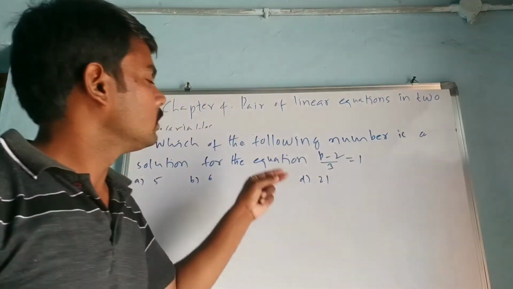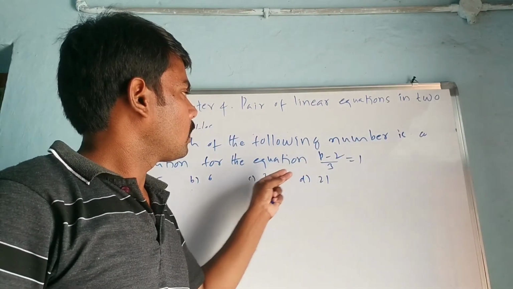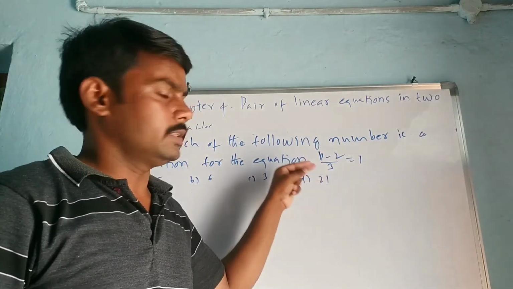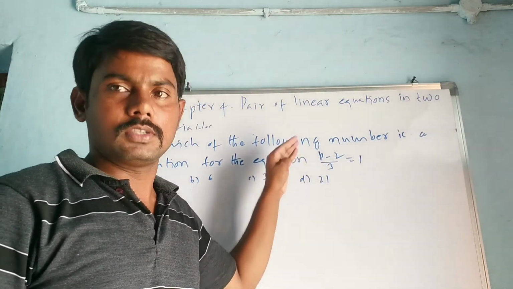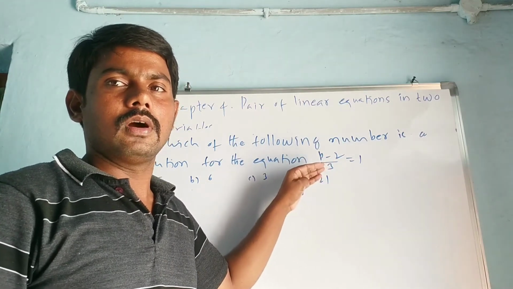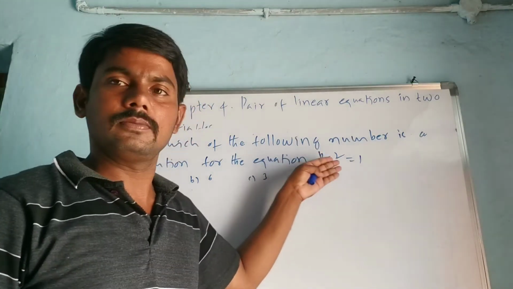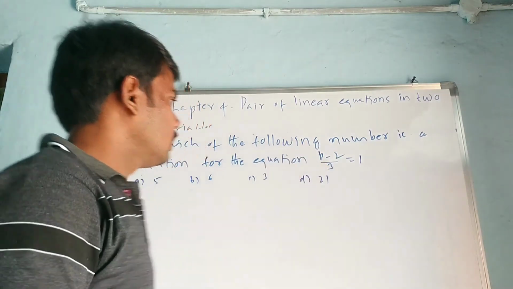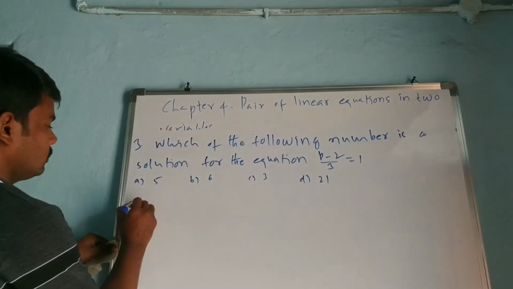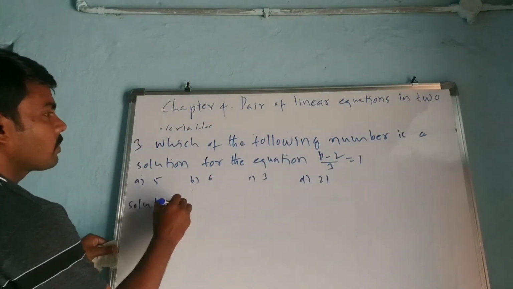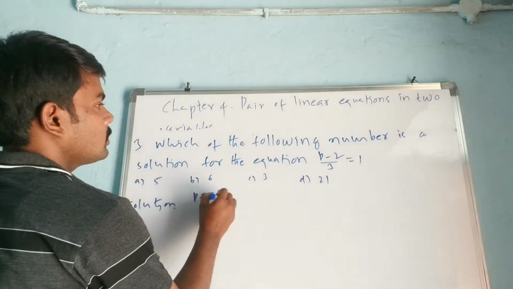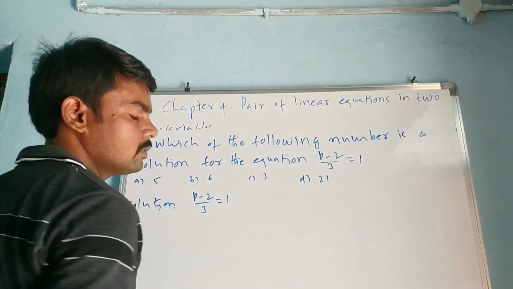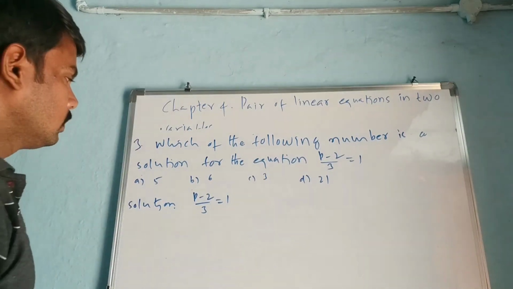So I am taking the balancing method, without transforming the terms in the equation. Let us solve. The given equation is p minus 2 by 3 is equal to 1.